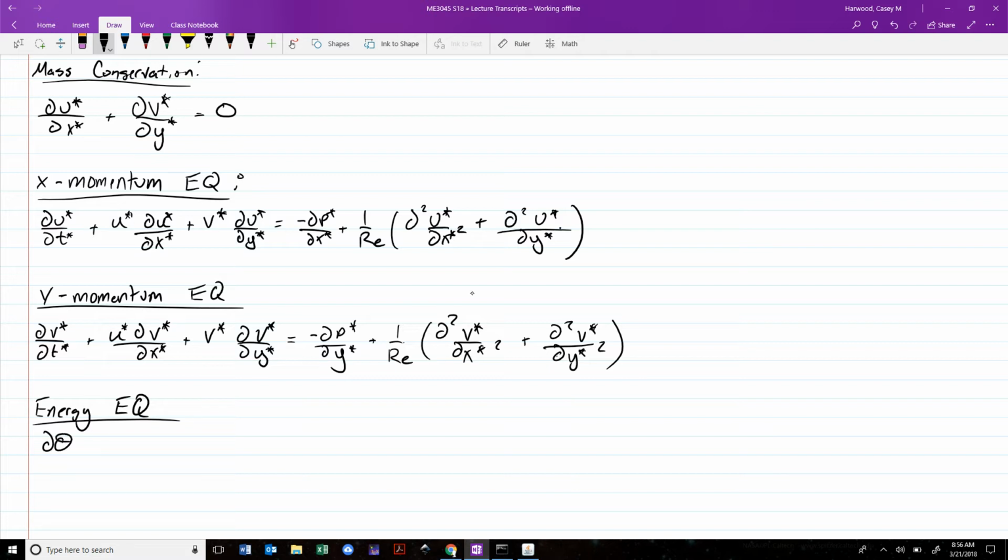We've got d theta star dt, so the non-dimensional rate of change of temperature, plus u star d theta star dx, plus ... equals one over the Reynolds number times this other non-dimensional term called the Prandtl number, and we'll go over these dimensionless terms in a second.